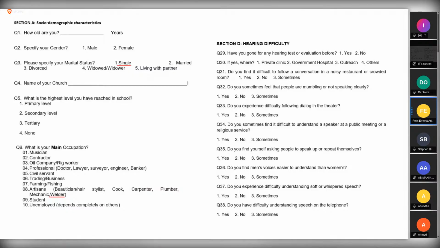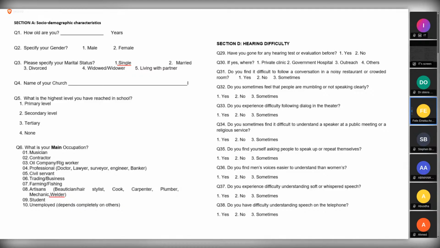Although here I have the name of your church, because the study I was doing was for religious houses, so I had to take the name of the church. Now, educational level, and also the main occupation. All right. So it may change for yours. Musician was number 1 for me, contractor, oil company, depends. In your own case, the main occupation may change.